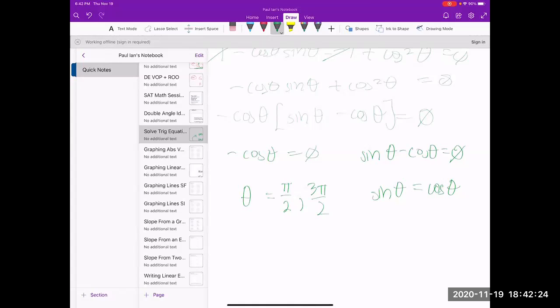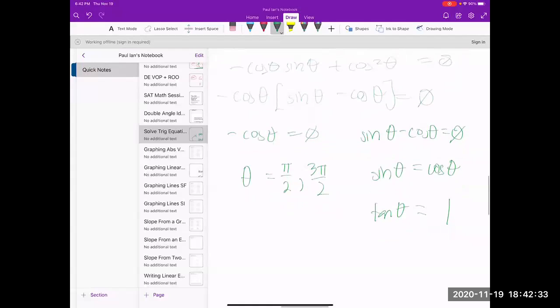The other one you can technically do as tan theta equals 1, so that one would be pi over 4 plus pi, 5 pi over 4.